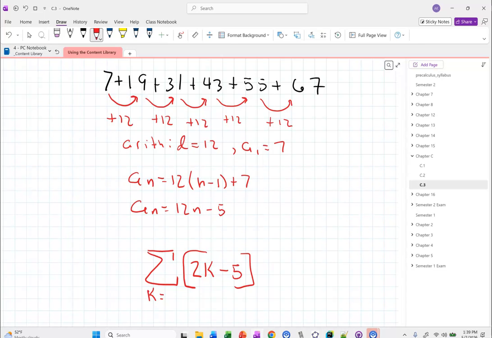How did you get 12n minus 5? I distributed the 12 through and then combined negative 12 and plus 7. Is that okay?